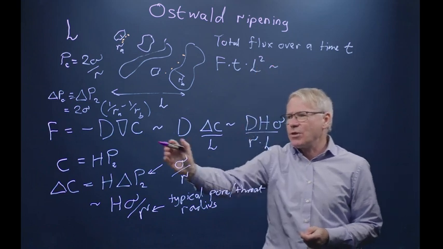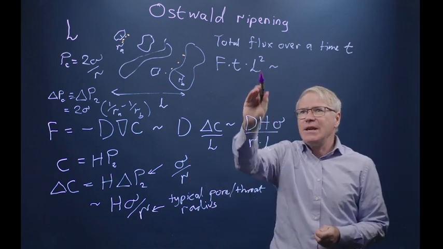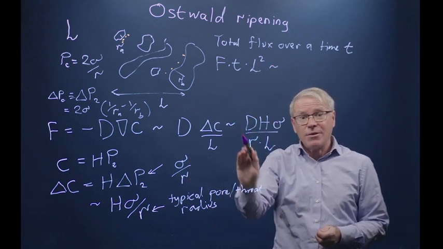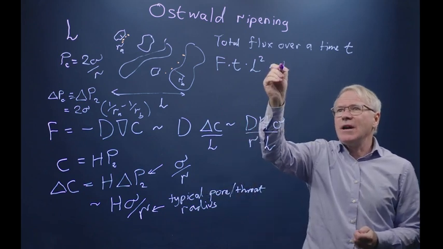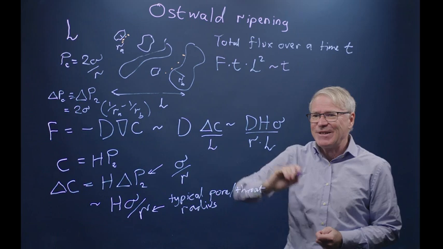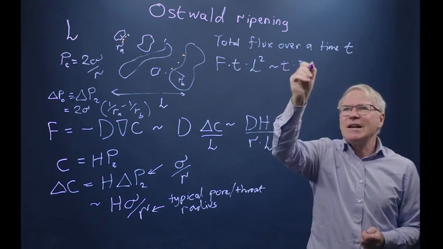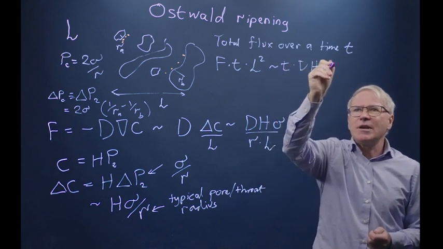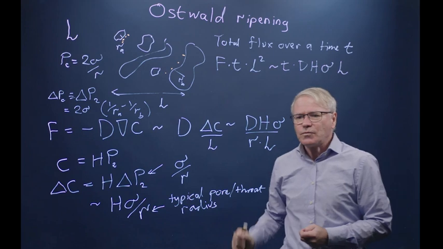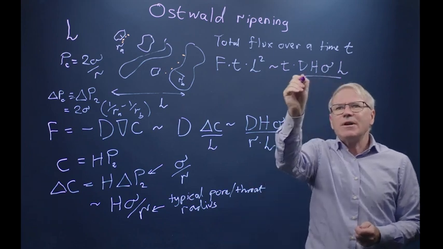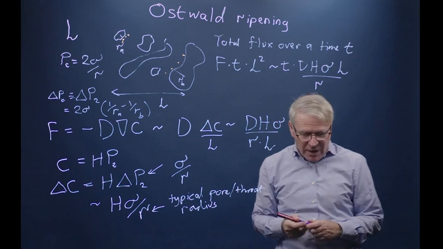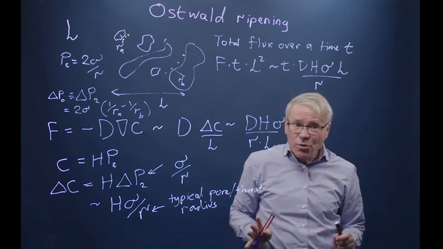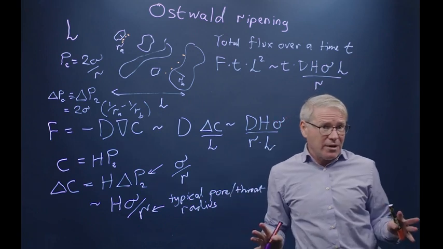So we can put that in. That's going to be approximately, just put these in. There's an L squared here and an L here, so actually an L is going to go up at the top. So there's a time, which is what we're going to estimate. There's a D H sigma L, and that's going to be divided by R. So that flux, what does that have to be equal to for a significant rearrangement?